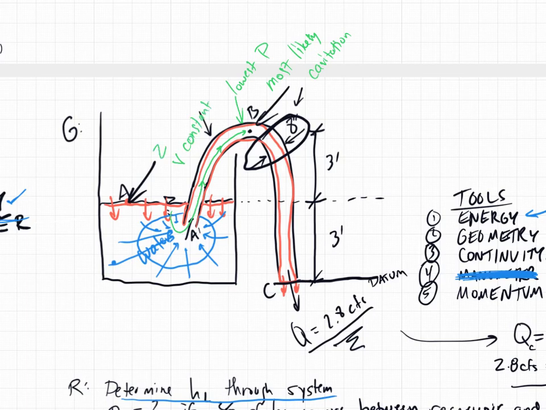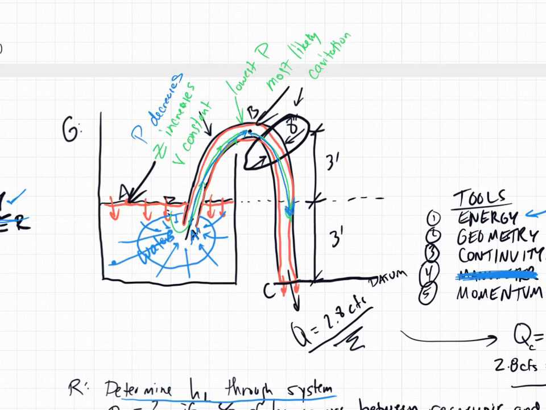Z increases going this way, and then it decreases going that way, which means pressure is going to decrease going from A, or from A prime, I guess, to B. Obviously that will switch when we start going downhill.